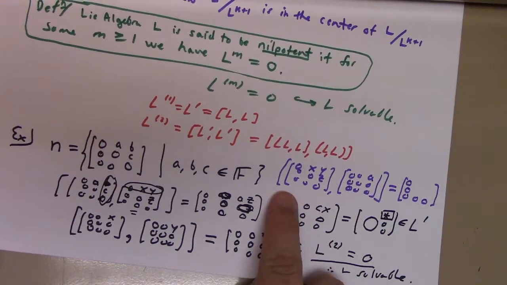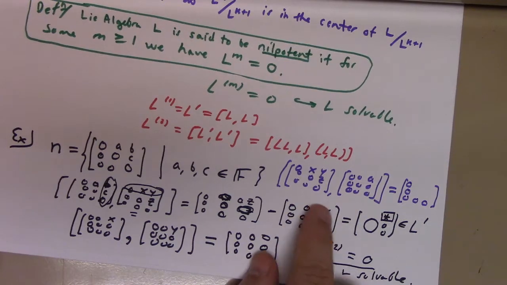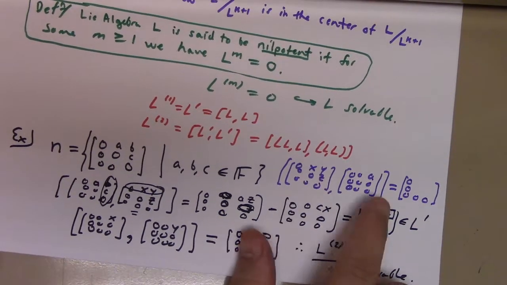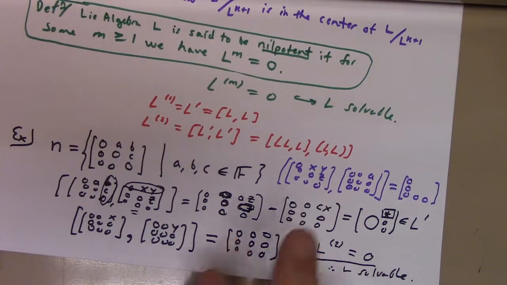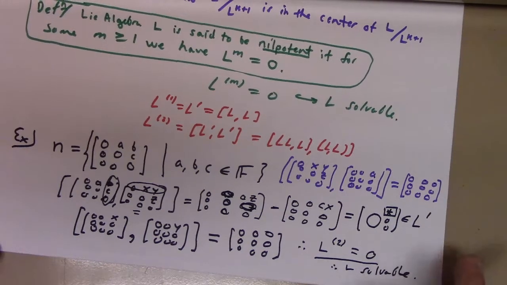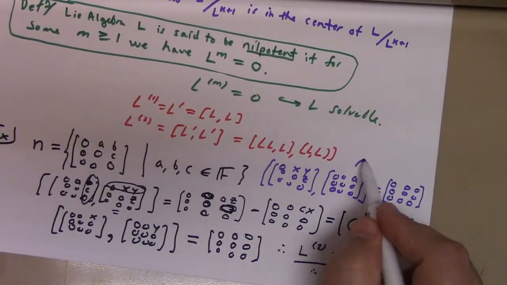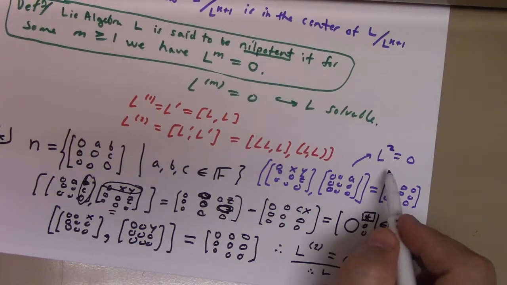This one times that one, I get a middle column of zeros, and I get a third column of zeros from this times that, and that times this. I get a zero second column. You could work it out. So that tells me that L2 is equal to 0, which tells me it is nilpotent.